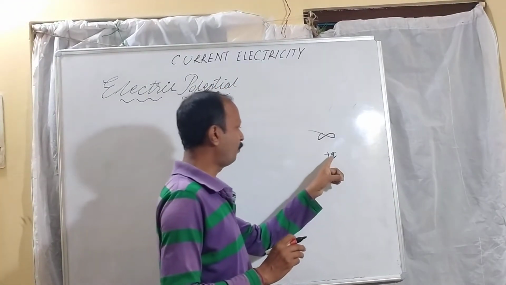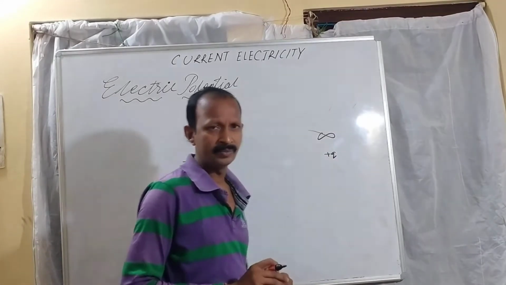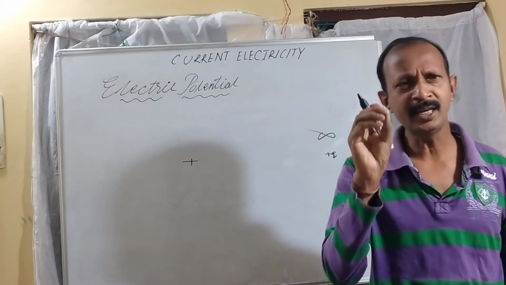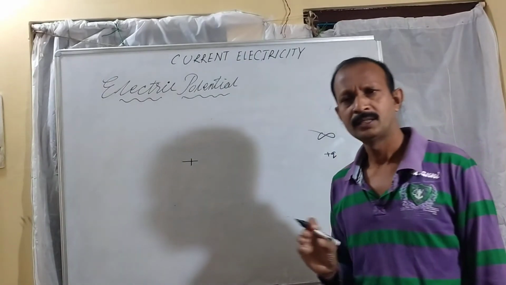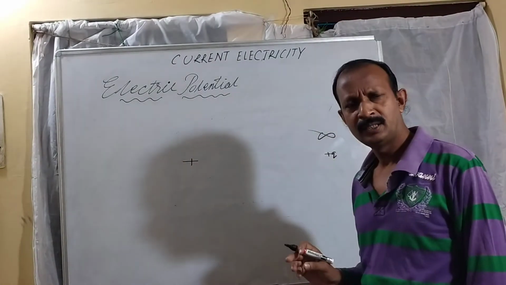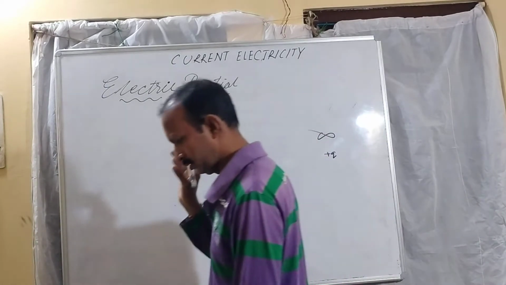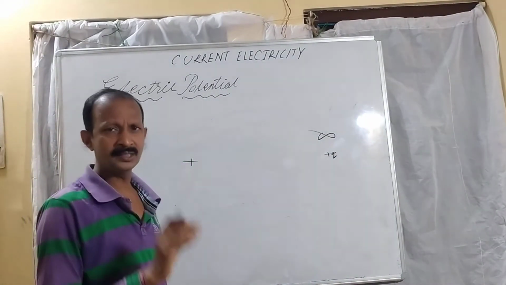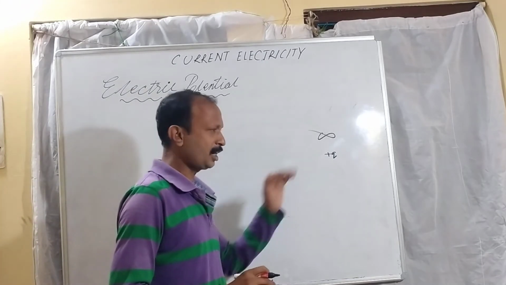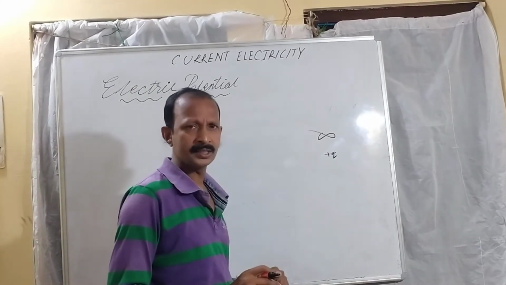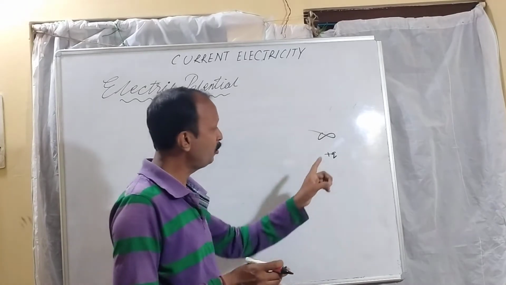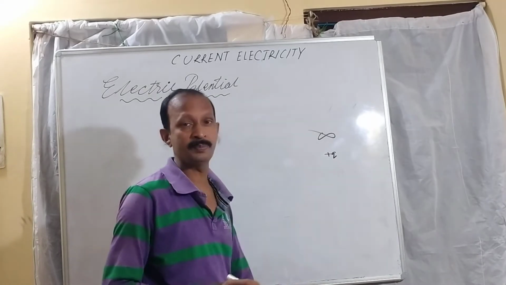So this is a positive charge particle, but it is very small. How much small can you imagine? That means, if this charge particle comes to any place where other charge particles are surrounding, they will not be influenced by this charge particle.